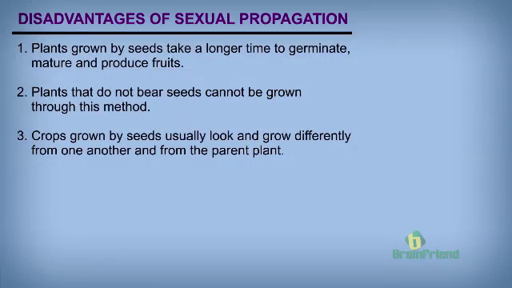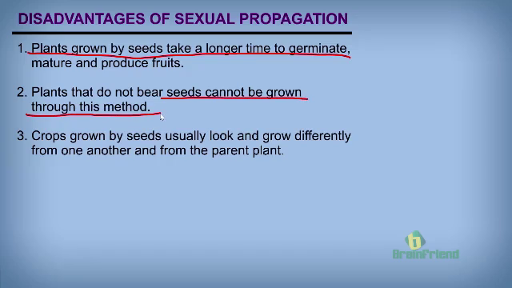Sexual propagation also has some disadvantages. The disadvantages are: 1, the plants that are grown by sexual propagation take longer time for their seeds to germinate, mature, and reproduce. 2, plants that do not produce seeds cannot be grown through this method because they do not have seeds that can be planted in the soil.